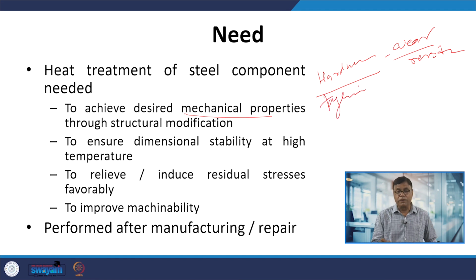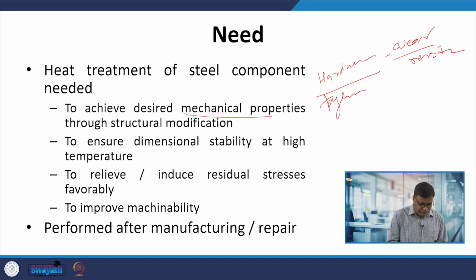So, we may go for fine grained structures with a moderate set of mechanical properties to have high toughness, which offers increased resistance to crack nucleation and its growth. Depending upon the requirement, we can go for a variety of combinations of mechanical properties, and that is achieved through suitable heat treatment of steel.